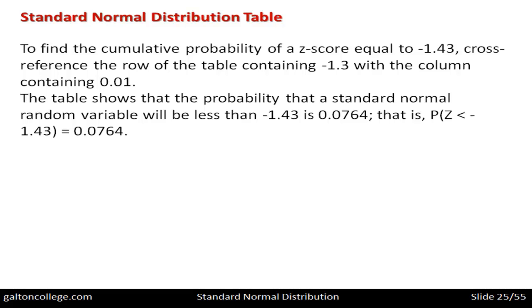The table shows the probability that a standard normal random variable will be less than minus 1.43 is 0.0764. So the probability that z is less than minus 1.43 is equal to 0.0764. So we do this with reference to the tables.